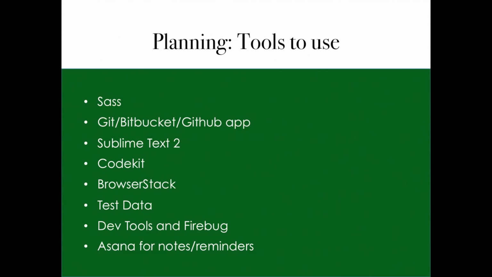Git, even if you just use it for backups and rollbacks, I'm sure it's going to come in very handy. I haven't had a necessary time to roll back yet, but there have been many times in the past that I'm sure it would have been beneficial if I had used Git. So that's quite a good tool as well.